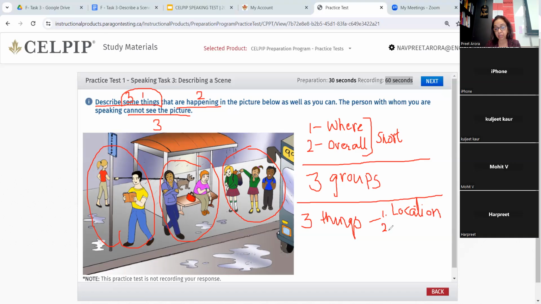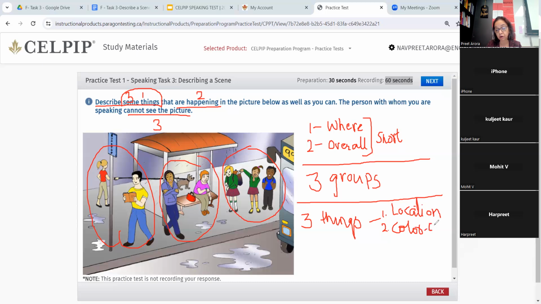Number 2, you would have to identify the person that you are talking about. Maybe you can say male or female, lady, younger man, or you can simply say there is a person. But how would you identify that person? By saying what color of clothes that person is wearing, because you are telling it to somebody who is not able to see the picture.